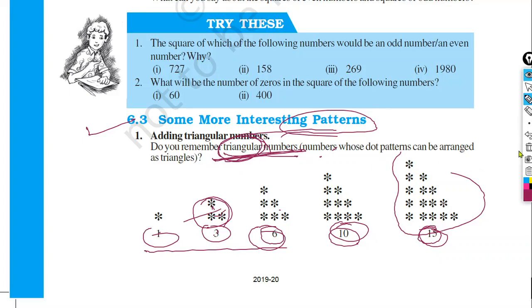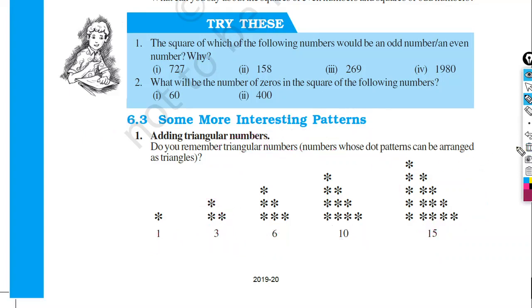Now if you notice one very peculiar, very interesting thing, what is that? If we add them, 1 plus 3, what do we get? 4, a square number, isn't it? 2 squared is 4. Similarly, if you add 3 and 6, you will get 9, a square number.